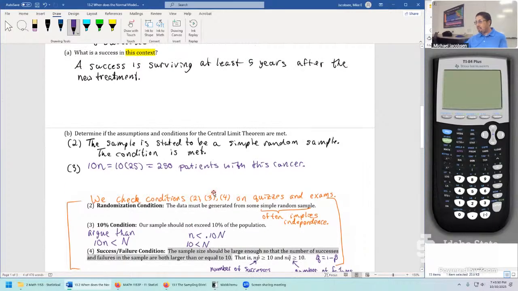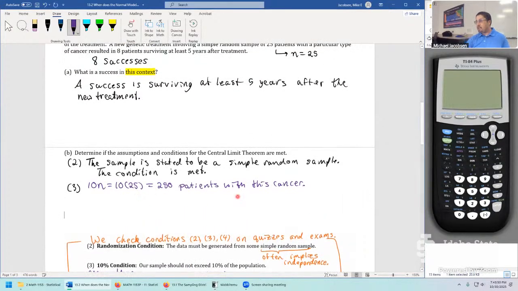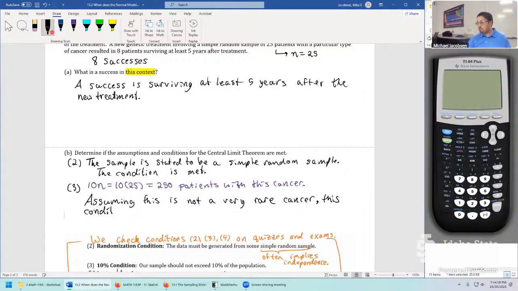We can say, I'm going to put in an extra assumption here, assuming this is not a very rare cancer, assuming more than 250 people have this particular kind of cancer, this condition is met. I think it's reasonable.